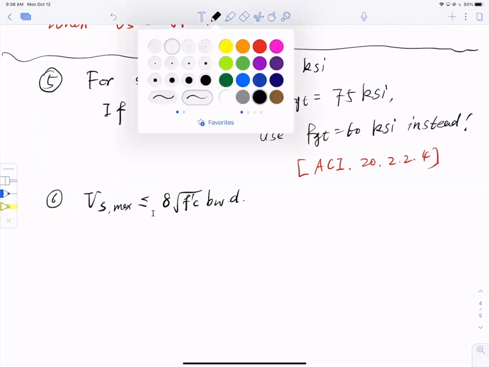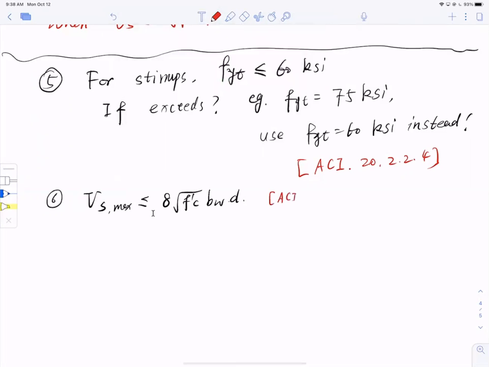Because this is in ACI 22.5.1.2. If not, change section, bw and d. The provided steel cannot exceed 8 times square root f'c bw d. If it does, then your section is just too small.